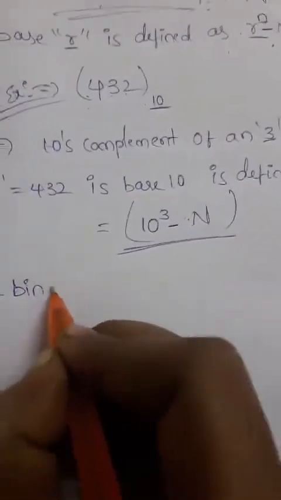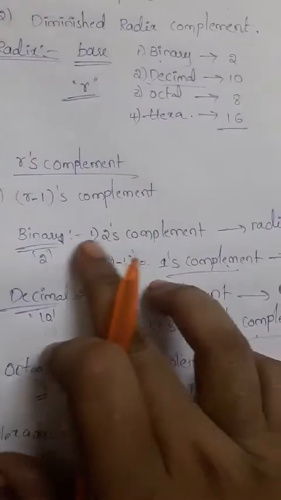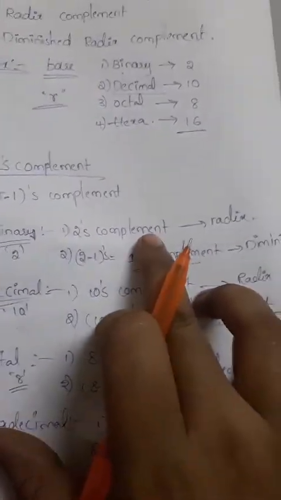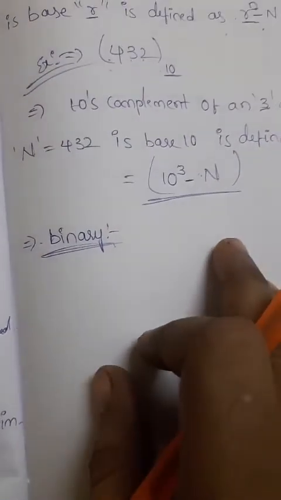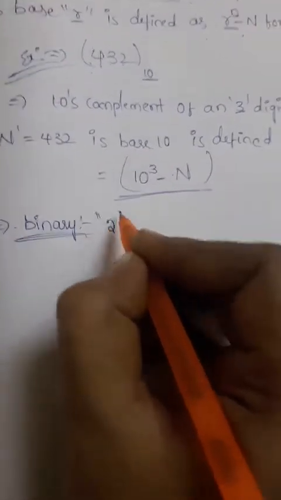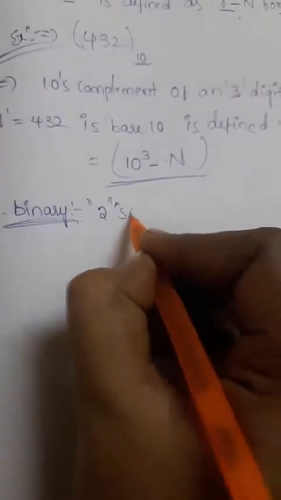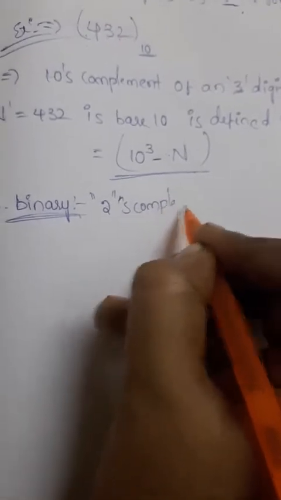Now we define it for binary. Already I explained that for binary the radix complement is the 2's complement, right? R's complement for a binary number gives the 2's complement. For decimal we get the 10's complement.